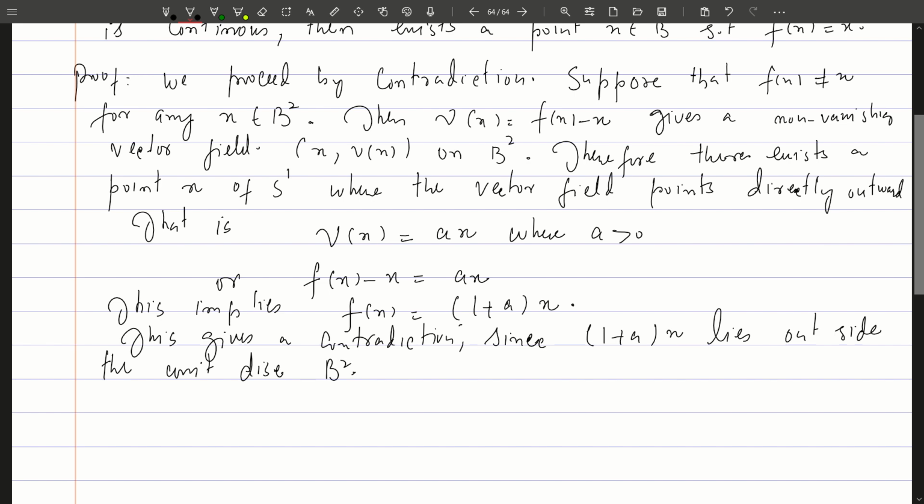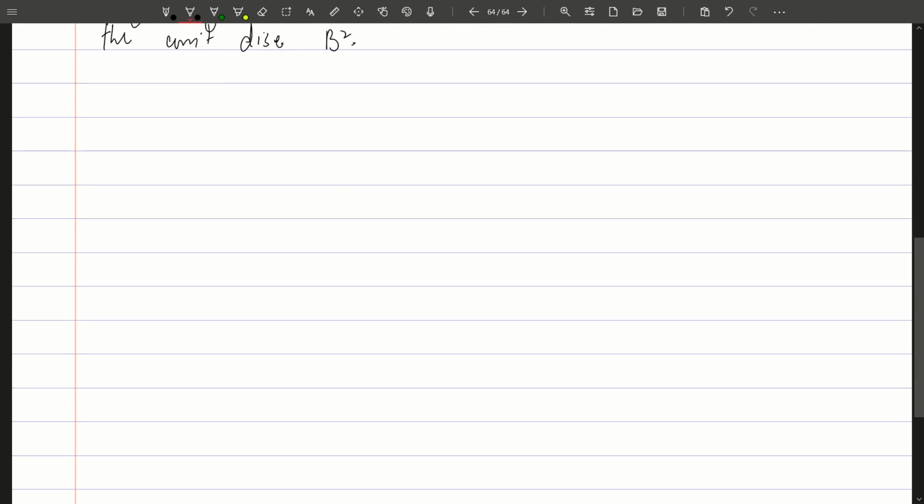So this proves the Brouwer fixed point theorem. Now let us do a small application of this result.